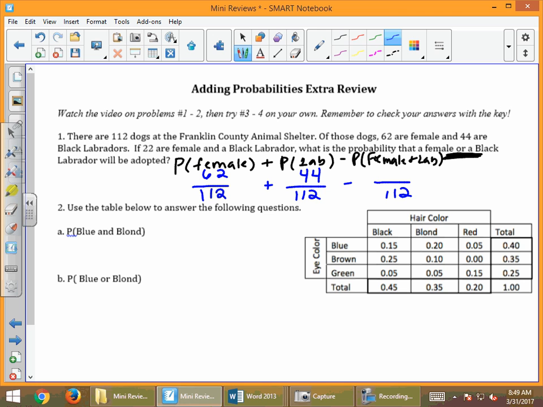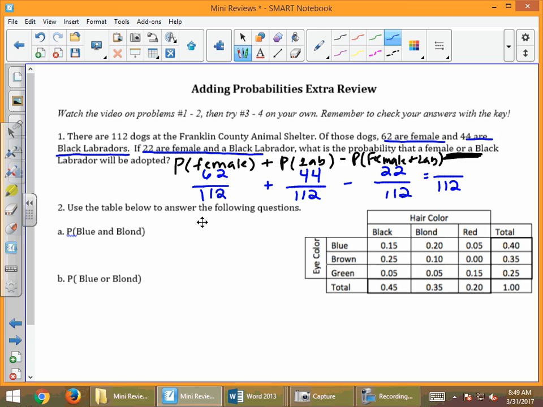And then there are 22 that are both female and black labs. So 62 are female, 44 are black labs, and 22 are both. It's really nice because the denominator is the same in all three fractions, so it's going to stay the same in your answer.